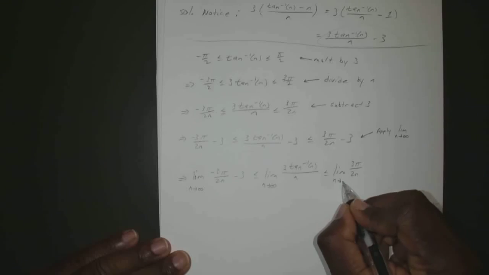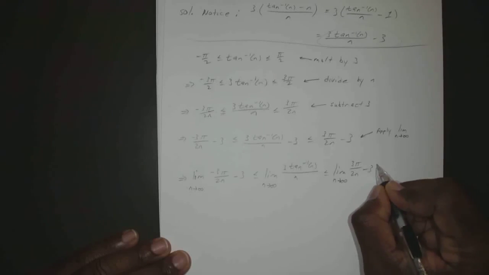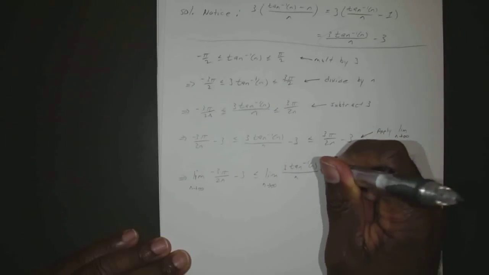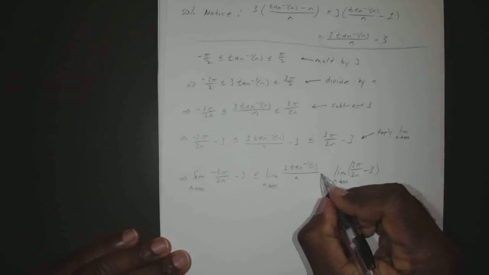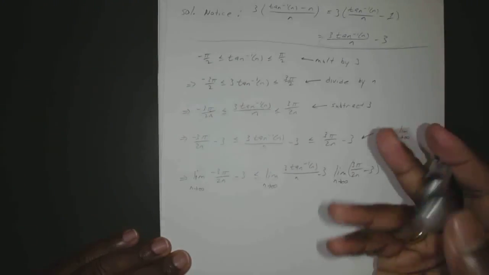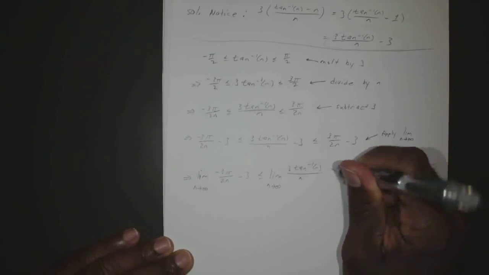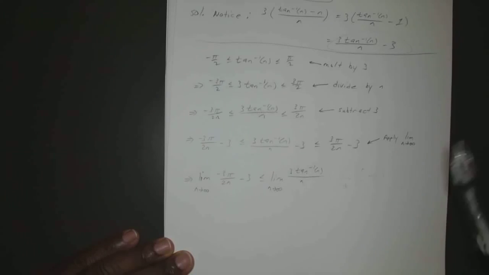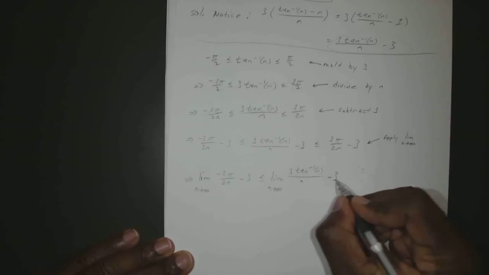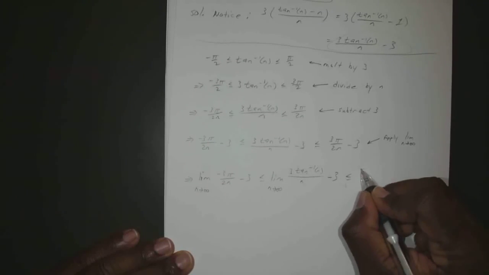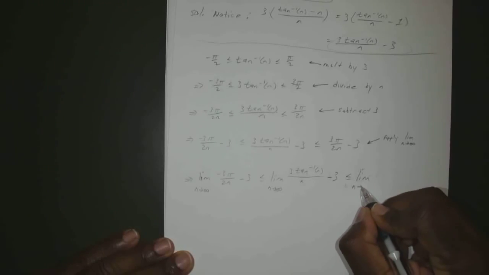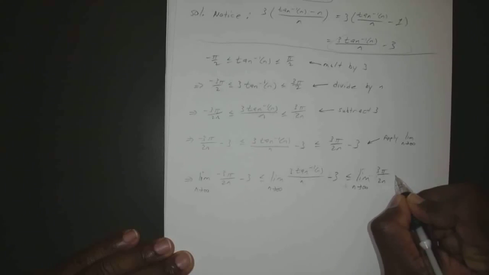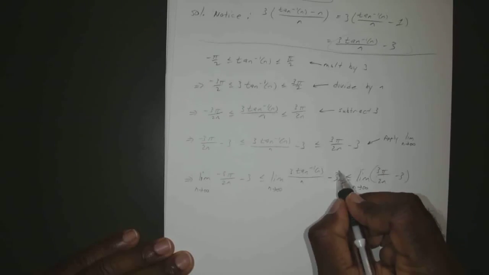Oh, forgot my minus 3. As n approaches infinity, forgot my minus 3 here too. Move that over a little bit. No point in trying to cram it all in there. There we go.